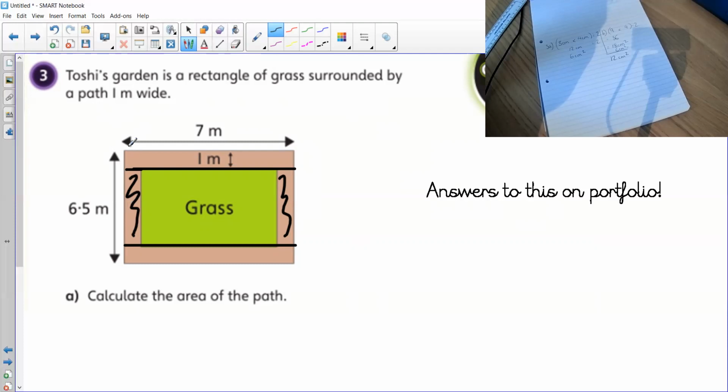If you notice, I've already done this path and I've already done this path. How long is this rectangle here now? And we've already been told how wide it is because we've just been told the path is 1 meter wide. So you should be able to work out the area of the path. If you've done that, can you then work out the area of, you guessed it, grass?